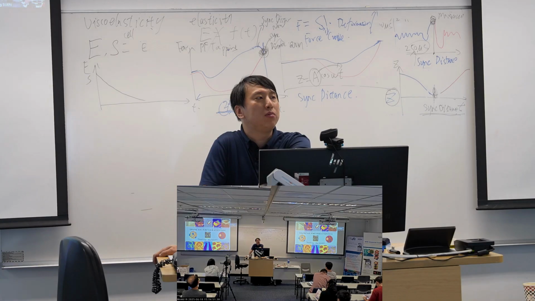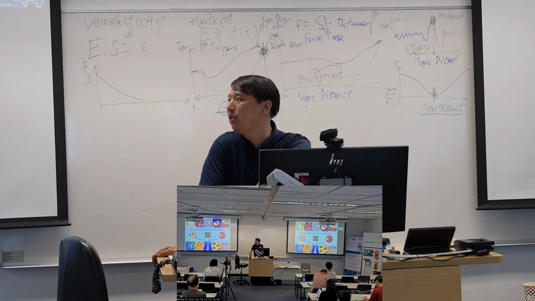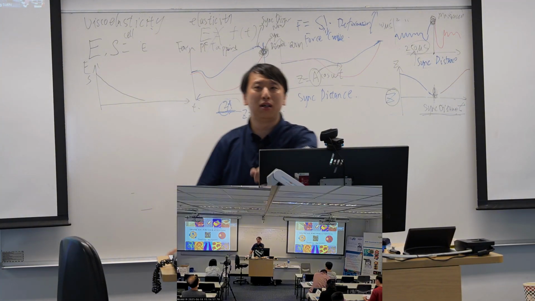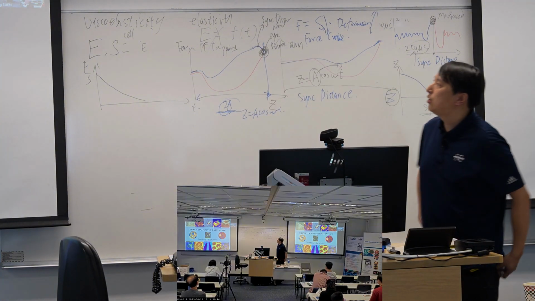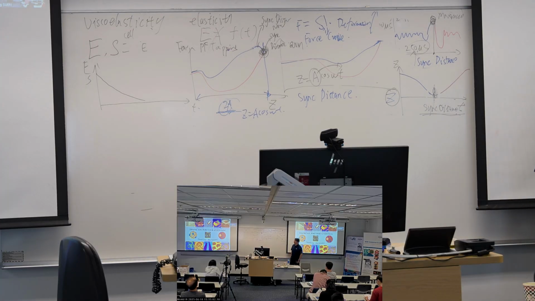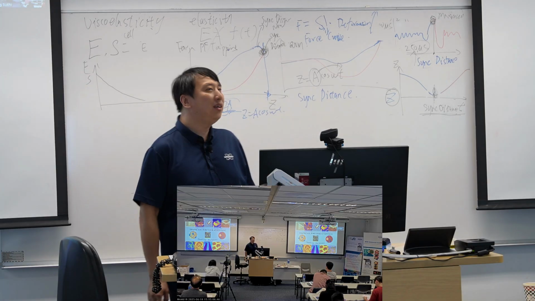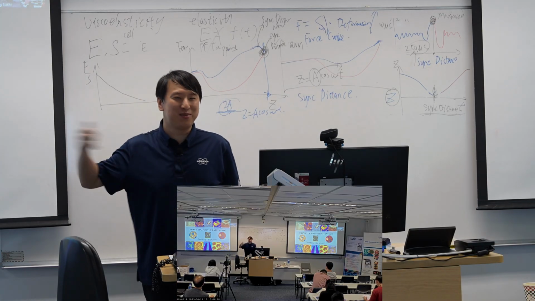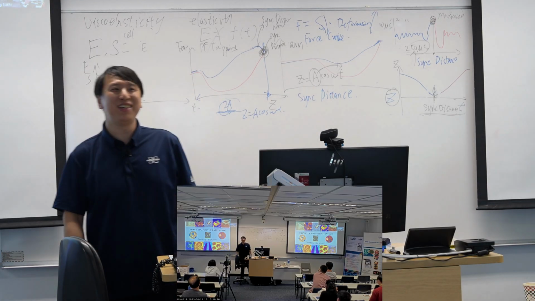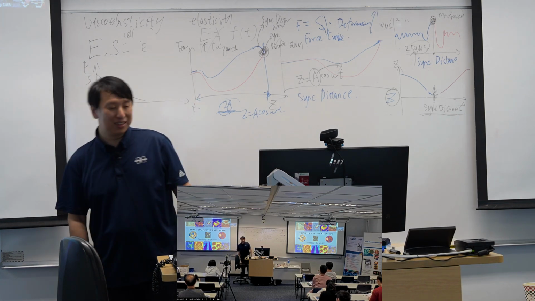On Friday we will do dynamic mechanical analysis, which is DMA. Those are the two techniques to do viscoelasticity. Okay, that's our plan. So today's lecture is done, and we can continue to our hands-on session. Thank you.